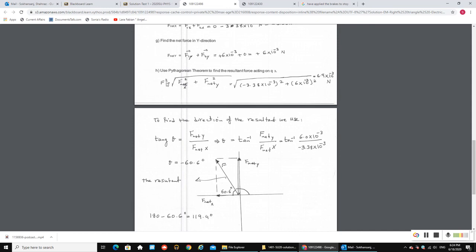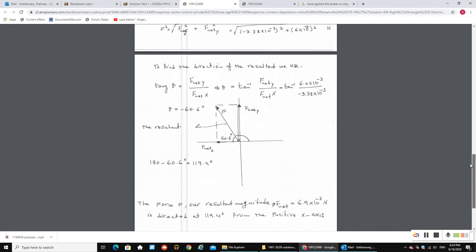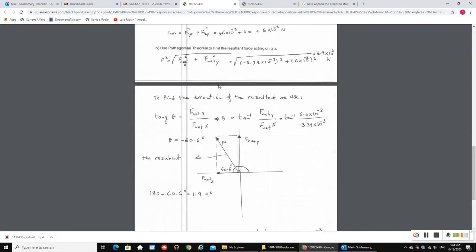I should remove this F2, this should be F, sorry. F equals the square root of F net in the X direction squared plus F net in the Y direction squared. And then we find the answer. Make sure you change F2 to F, please. Remove that square, I'm sorry, that was my mistake.